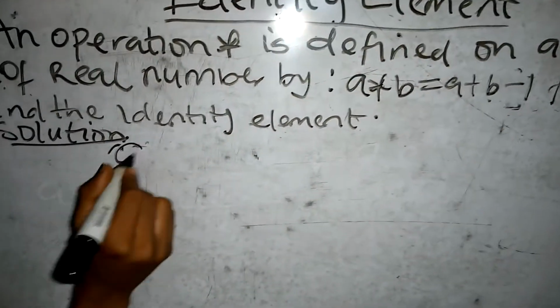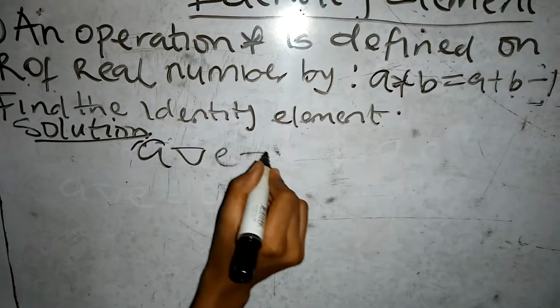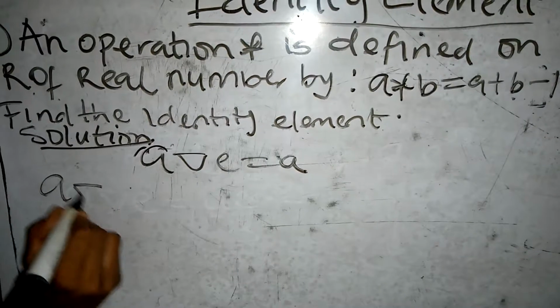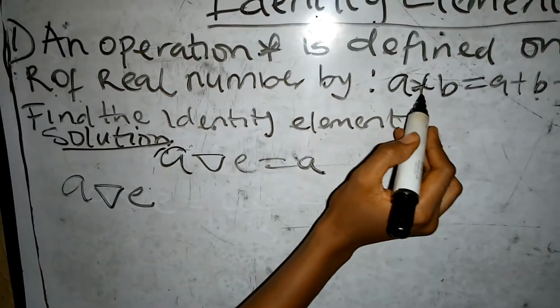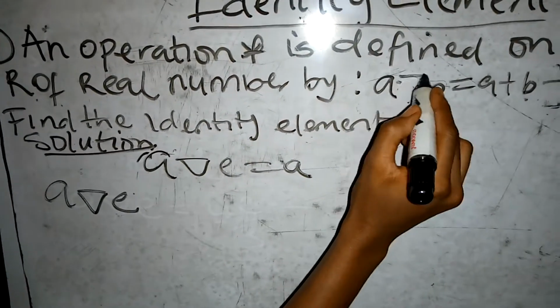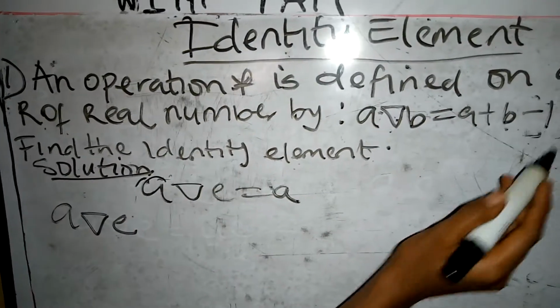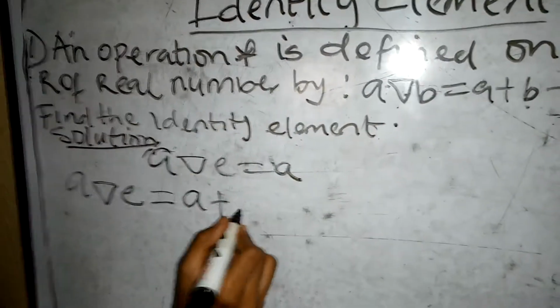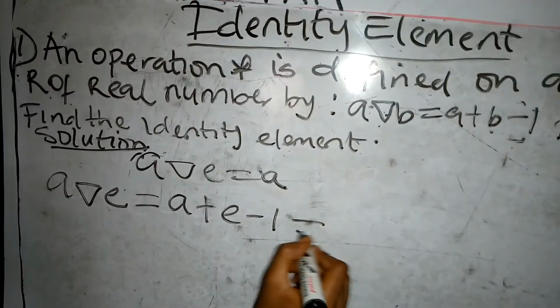You say A grad E equals A. So A grad B equals A plus B minus 1, and A grad E will be A plus E minus 1 equals A.